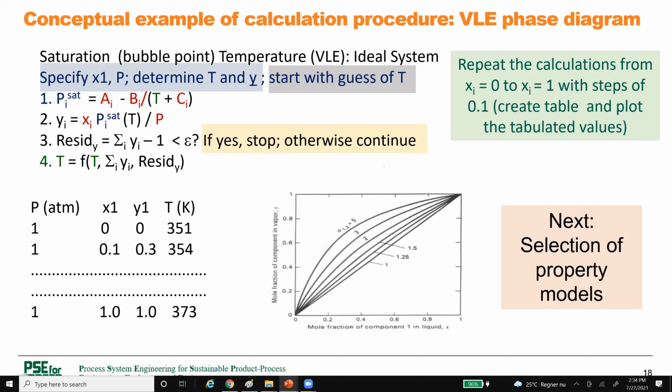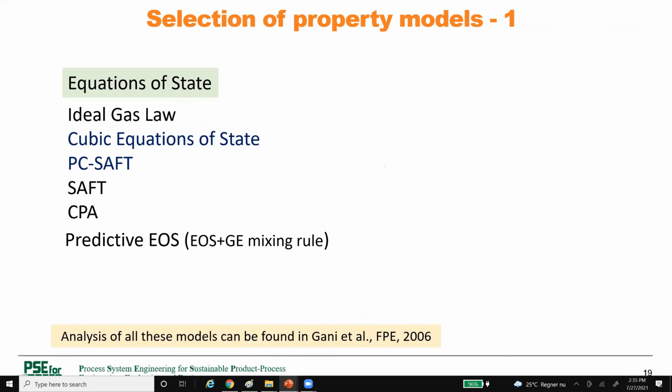And then we plot them. Once we have the PT, XY data, we can plot it in many ways: y versus x, T on the y-axis with xy on the x-axis, and many more. So that's how the phase equilibrium calculations are made. I showed you a simple calculation, but we can easily put in the fugacity or activity and repeat in the same way. Okay?